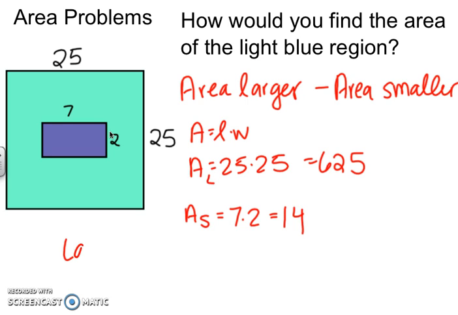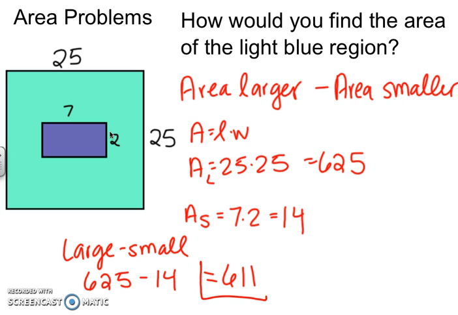So again, I'm going to do large minus small. And since these are just numbers, I'm going to do 625, subtract 14. Okay, so 625 take away 14 is 611. So that is the area of this blue region right here. Okay, so that is kind of how you think about this problem with just numerical values.